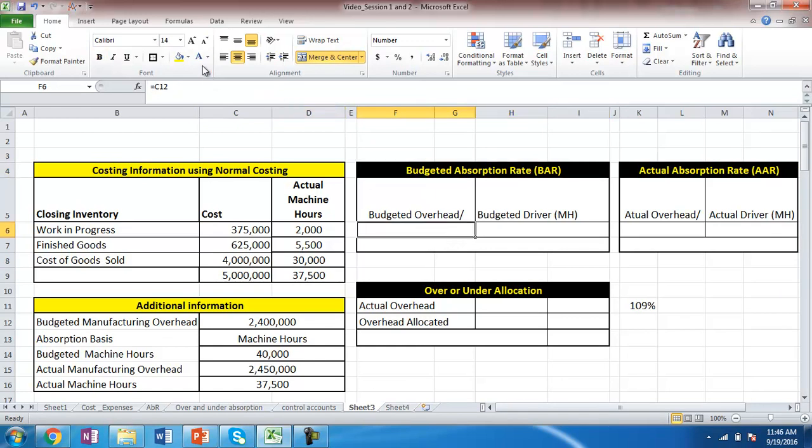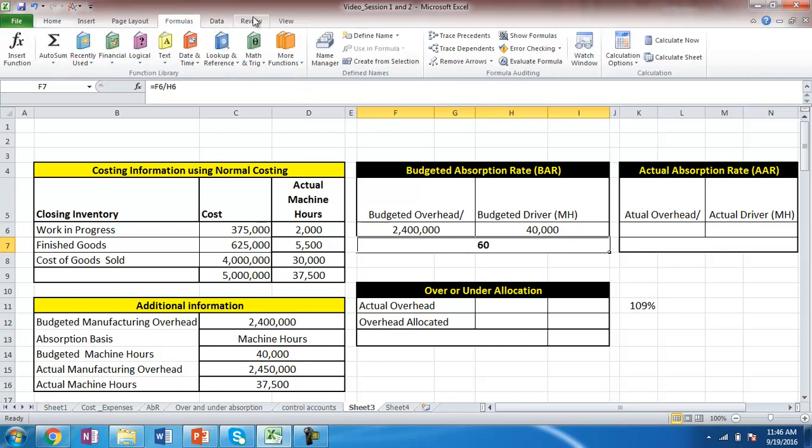So the budgeted absorption rate is equal to budgeted overheads divided by the budgeted driver, that is the machine hours. So the budgeted absorption rate is 60, which is calculated by dividing budgeted overhead by the budgeted driver.